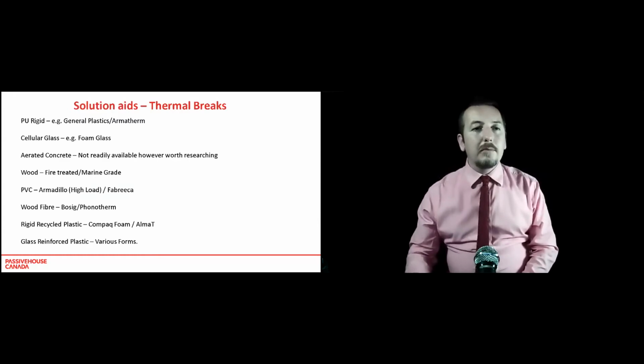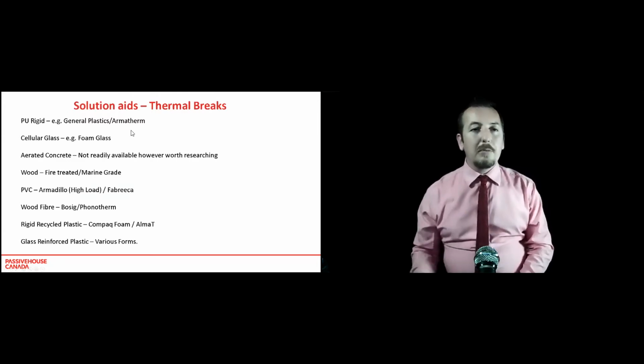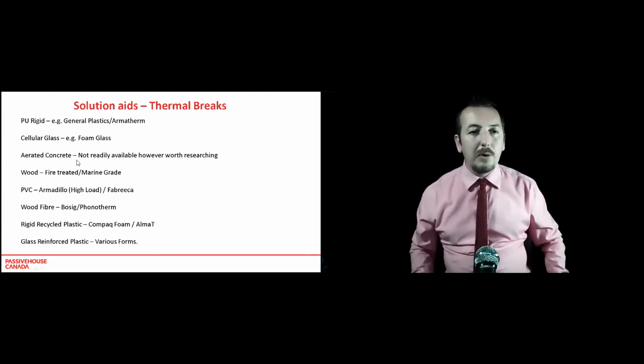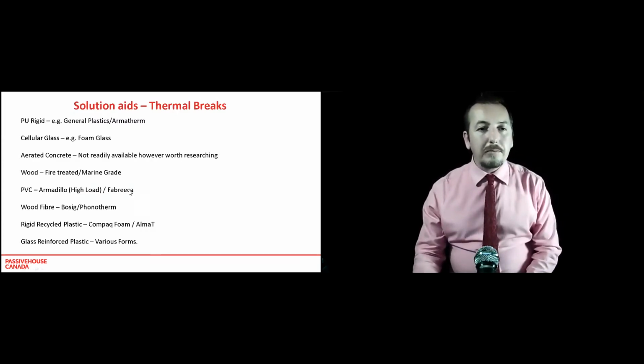Now, some of your helping friends. I know that in the US you have General Plastics and Armatherm that do thermal breaks. You do have cellular glass. Aerated concrete I have used in some US and Canadian projects, but it's not that common. Wood is actually a thermal break.